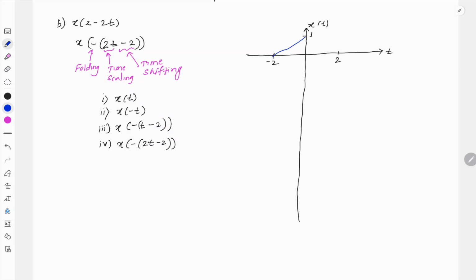So we have this signal in this way. Now second, we have to draw x of minus t. So this operation is called as folding operation.